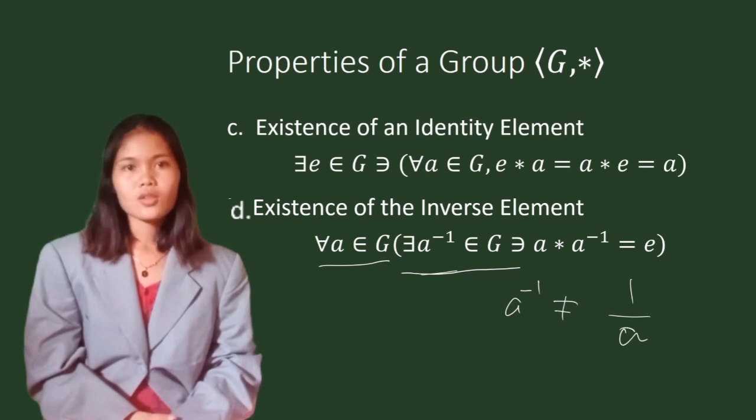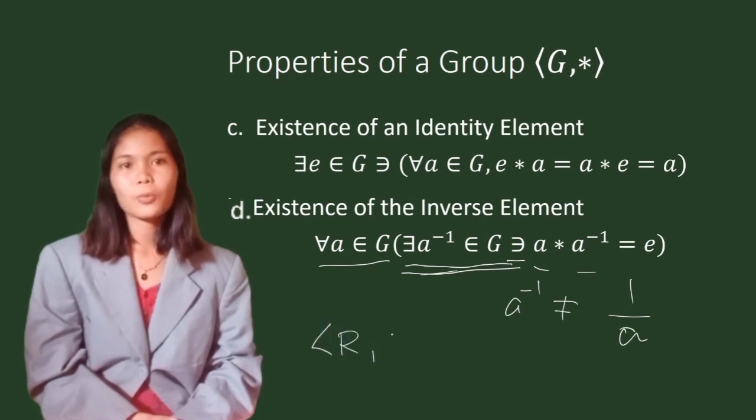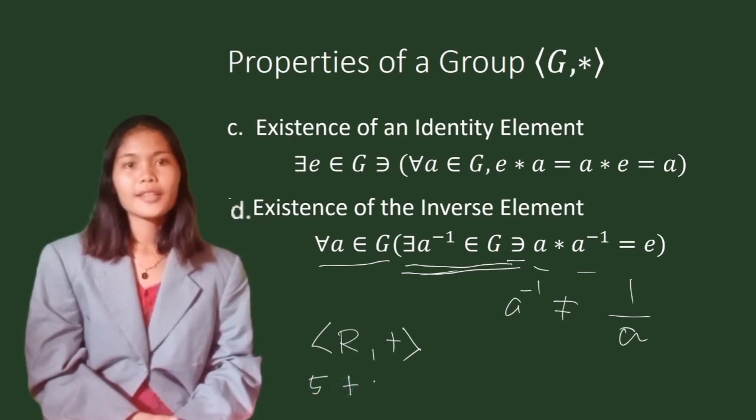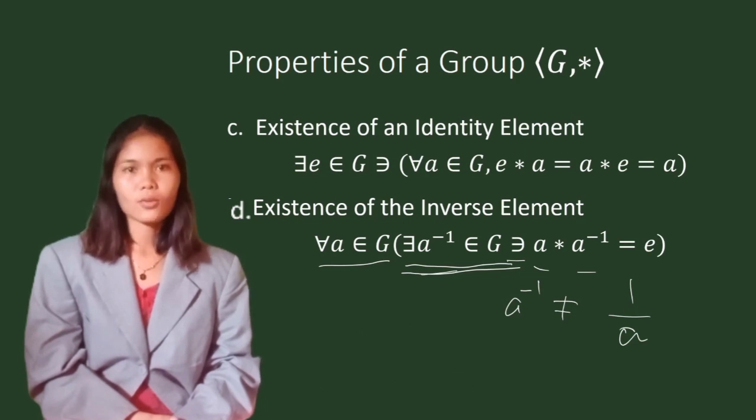For each element of G, there is an inverse element in G such that A star A inverse is equal to E. This happens in the set of real numbers under the operation of addition. So what is the inverse element for, let's say, the number 5? In the set of real numbers when you are working with addition, the inverse element is negative 5, because 5 plus negative 5 is equal to the identity element for addition, which we know to be 0.